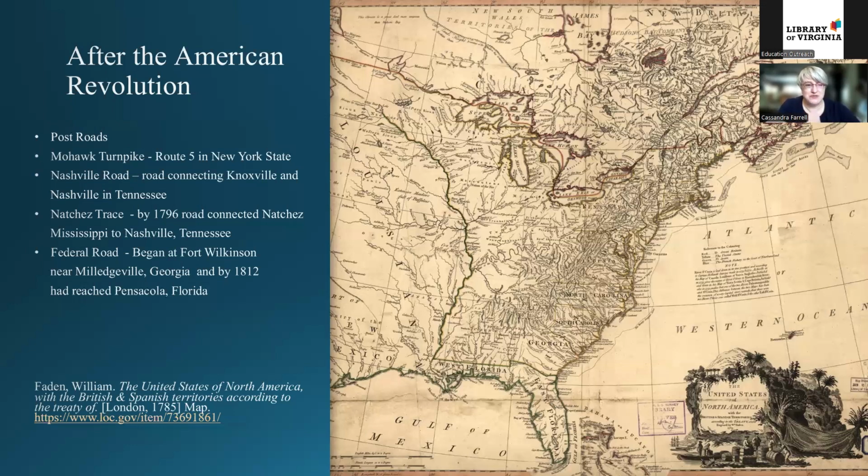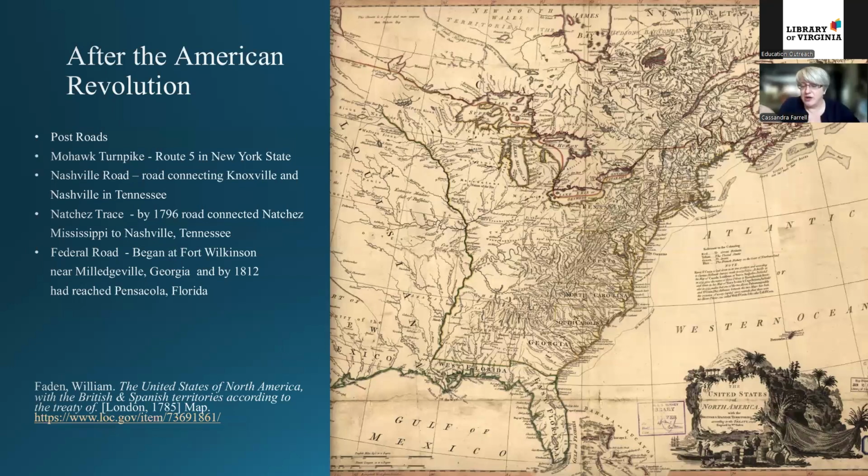And then, of course, there's a federal road that began at Fort Wilkinson near Milledgeville, Georgia, and reached Pensacola, Florida. The idea for that federal road was to connect Washington, D.C., to Fort Wilkinson, and then to connect Fort Wilkinson with New Orleans, by 1806, which is when construction for this began.